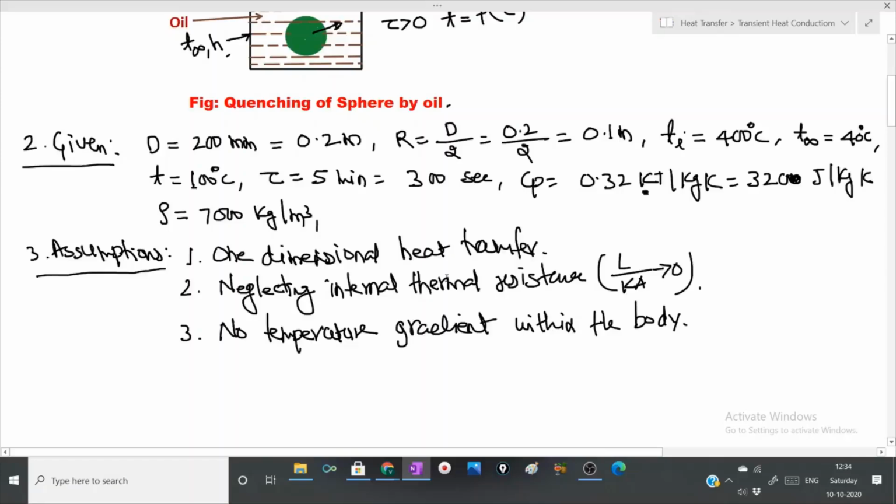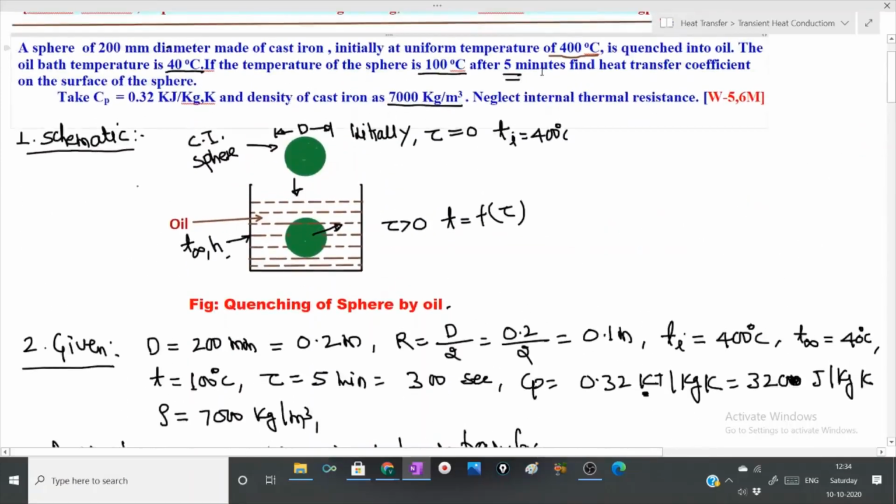For example, what does it mean? The 400 degrees Celsius was the initial temperature of the sphere. It is dipped into an oil bath of 40 degrees Celsius, and after 5 minutes, its temperature becomes 100 degrees Celsius. So 100 degrees Celsius will be the temperature of the sphere everywhere after 5 minutes.